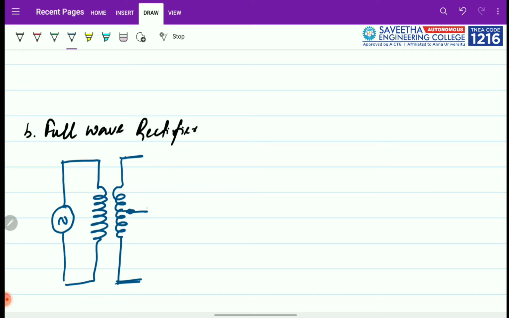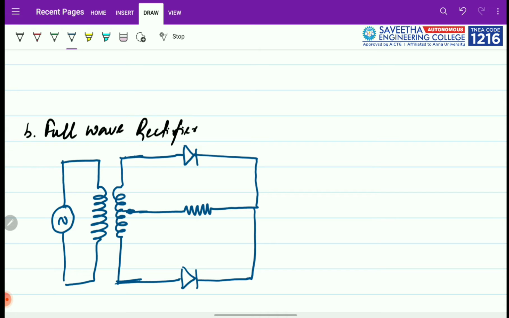I have been given the load, let me connect it to the center tap, and now I will connect one diode in this direction, and the other diode in the same direction as before, connected like this. The way to understand this circuit is, during the positive half cycle, this terminal will be positive, that is the phase, and this will be the neutral.